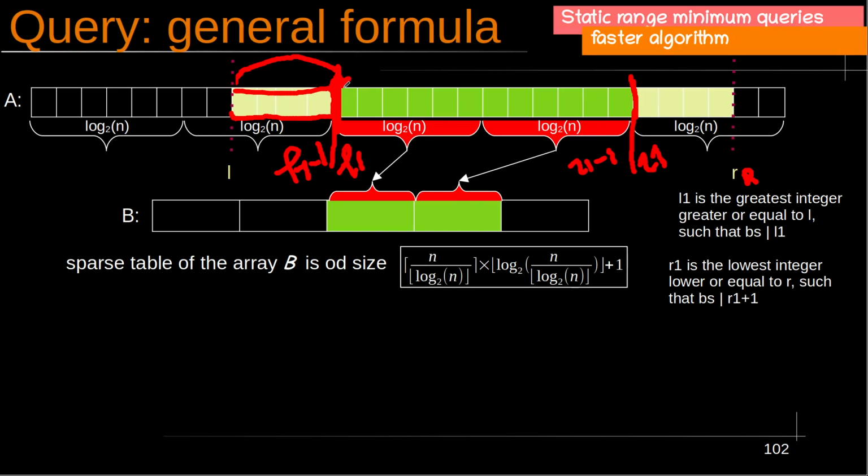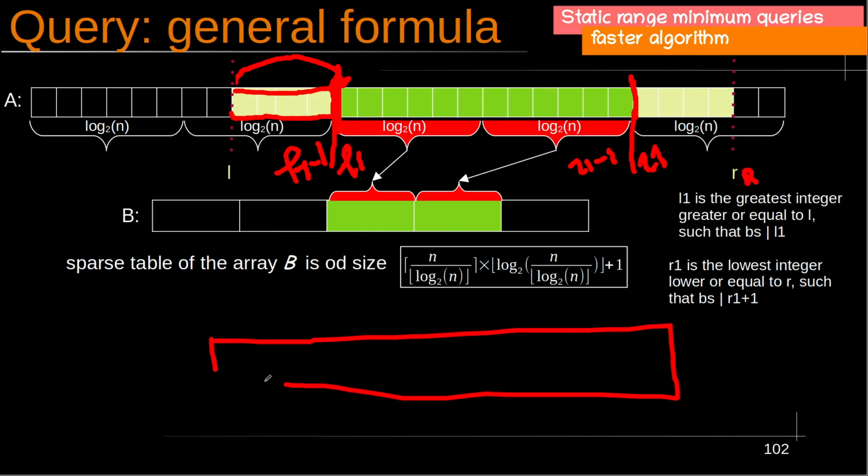Now we can compute on the array B, the array of blocks, all the blocks from L1 to R1 minus 1. You could have many blocks here, not just two like in the picture. Let's draw it here.